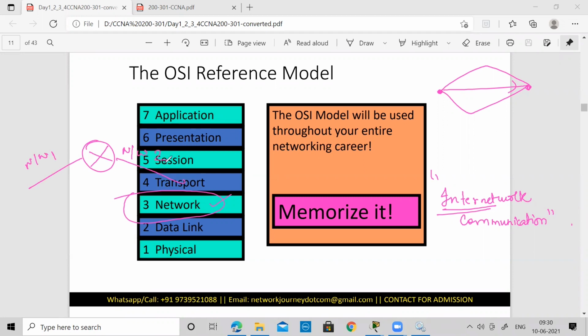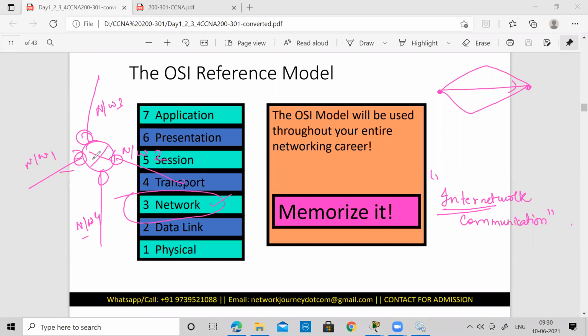Or even if there are 4 interfaces on the router, there should be 4 different networks at each end of the router. These are all ports, or technically, interfaces. These are the 4 interfaces which I have on this router, so I can say that there are 4 different networks connected to the router.